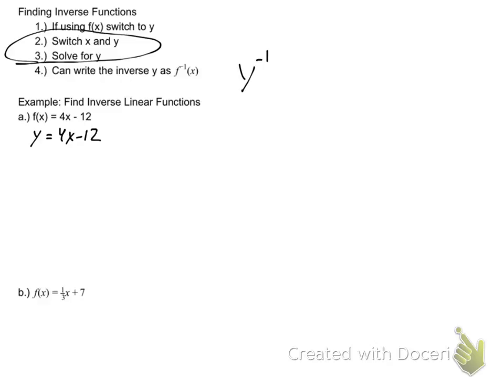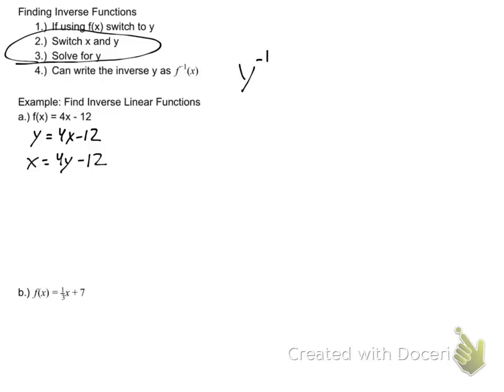Now, step 2. Switch x and y. X equals 4y minus 12. We like that. And now, using your algebra skills that you guys have been building, solve for y.